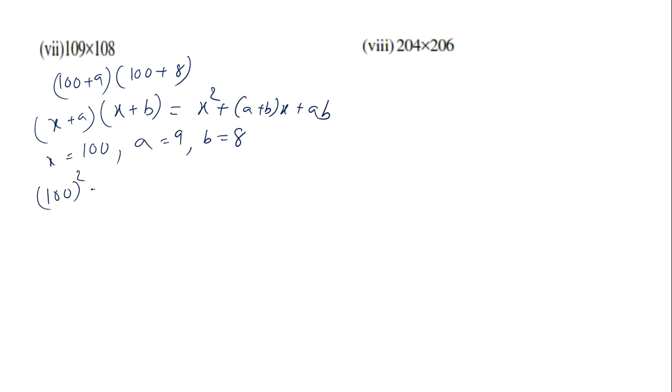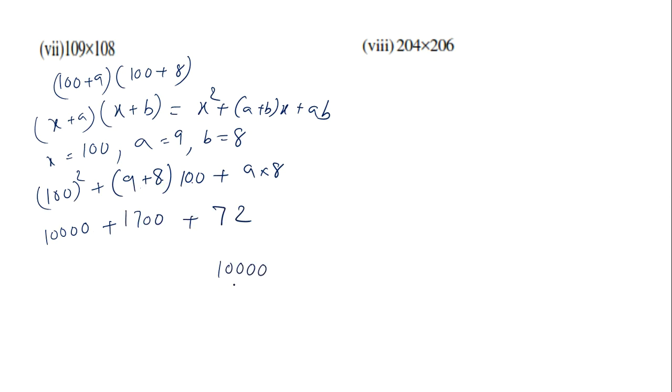Now substitute it. x square means 100 square. a plus b is 9 plus 8, 17, into x which is 100, plus a into b, 9 into 8. 100 square is 10,000 plus 17 into 100, 1700, plus 9 8s are 72.